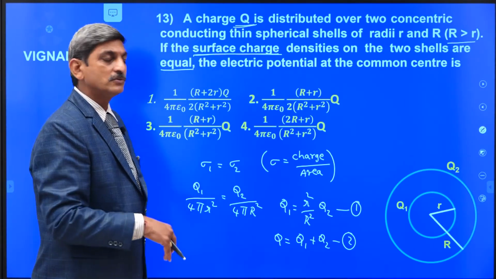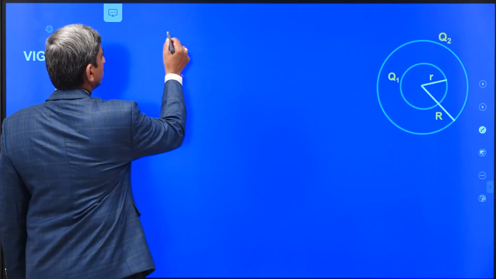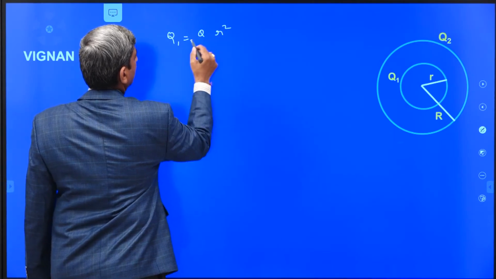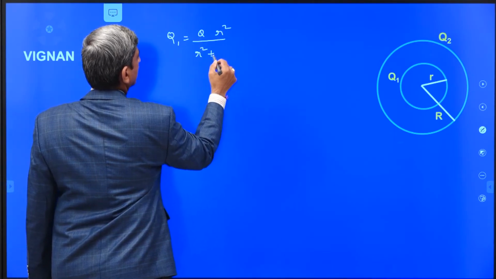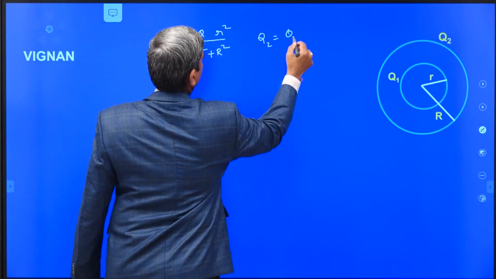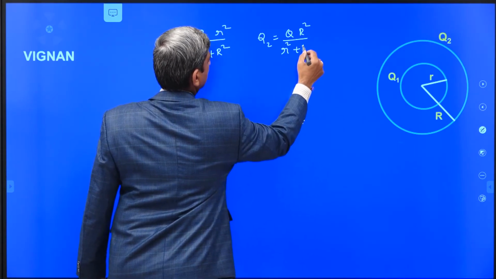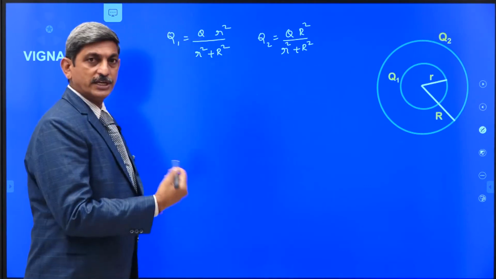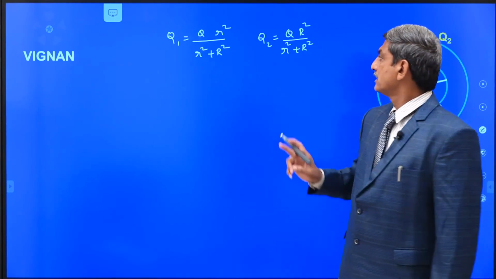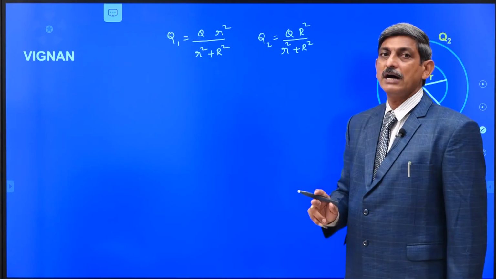By knowing the Q2 value, we can determine the Q1 value, and the two values are found to be Q1 is equal to Q r square divided by r square plus R square, and Q2 is equal to Q capital R square divided by r square plus R square. So here, by equating the surface charge densities, I obtain the amount of the charge present on the inner shell and also the amount of the charge present on the outer shell.